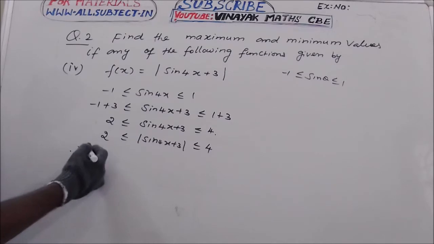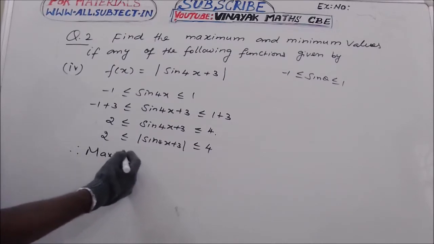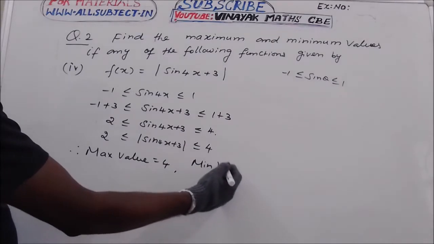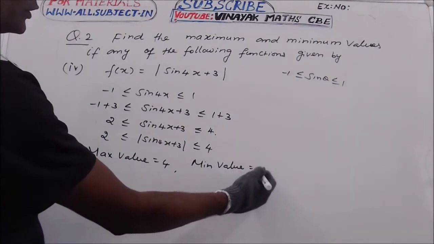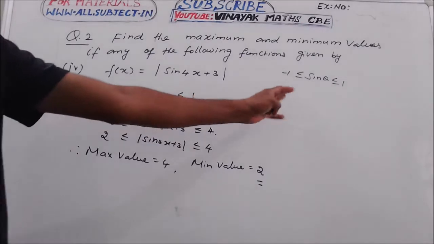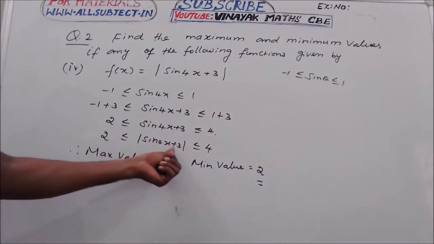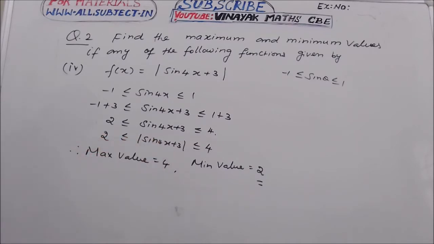So the maximum value is 4 and the minimum value is 2. By use of sin theta greater than or equal to minus 1, less than or equal to plus 1, you can easily form that modulus of sin 4x plus 3 is greater than or equal to 2, less than or equal to 4.